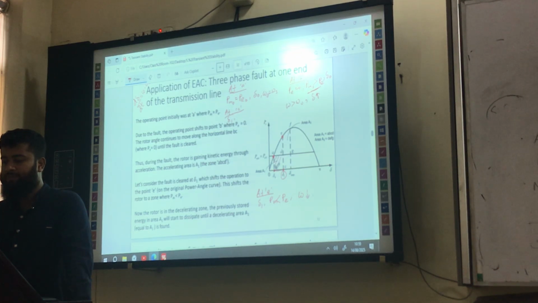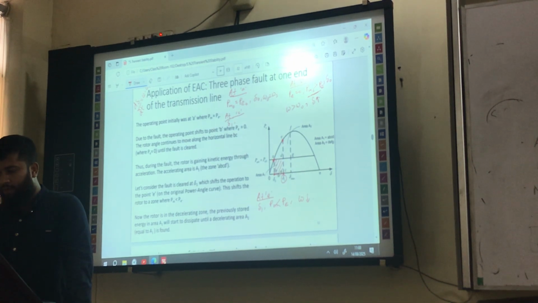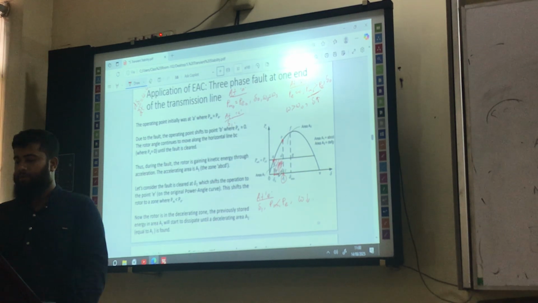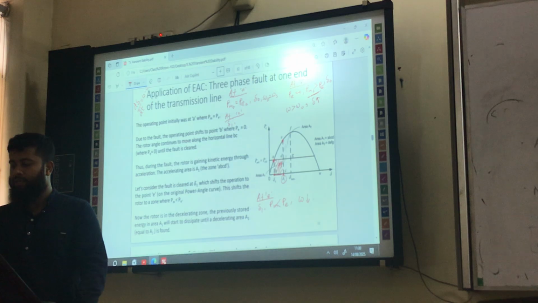The area under this Pm curve and this P. In this area, the Pm is fixed and the P is 0, so this is a rectangle. This is the area A1, our accelerating area, right? Now we are at point E, and you can see that Pm is lower than P. So according to the swing equation, our rotor will now decelerate.